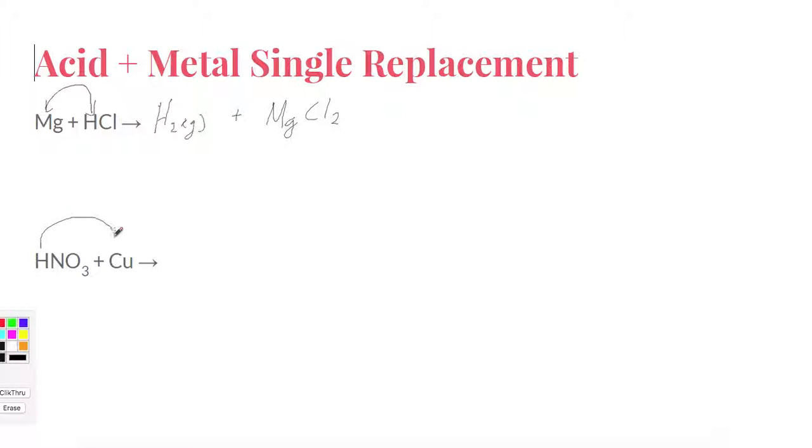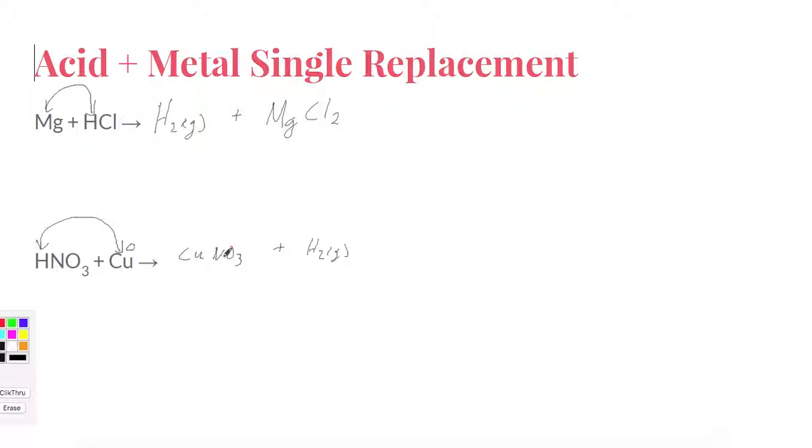Same thing here. The hydrogen and the copper are going to switch places, so we end up with CuNO3 plus H2. Now this one is kind of a weird one because we don't know what the charge is on the copper. It starts out as a 0.